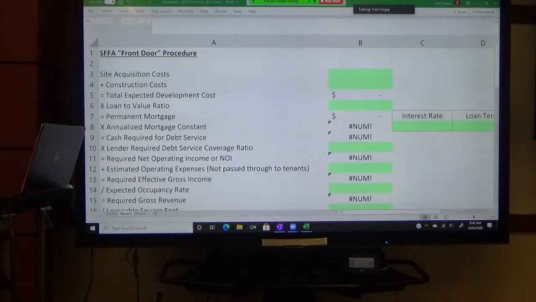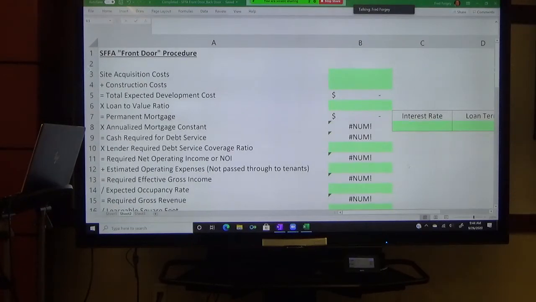You start with the rents and work your way down to how much you can spend on construction and how much you can spend on the land. These two approaches should ultimately give you the same information from two different perspectives. Pretty much any developer is going to start with this, always.